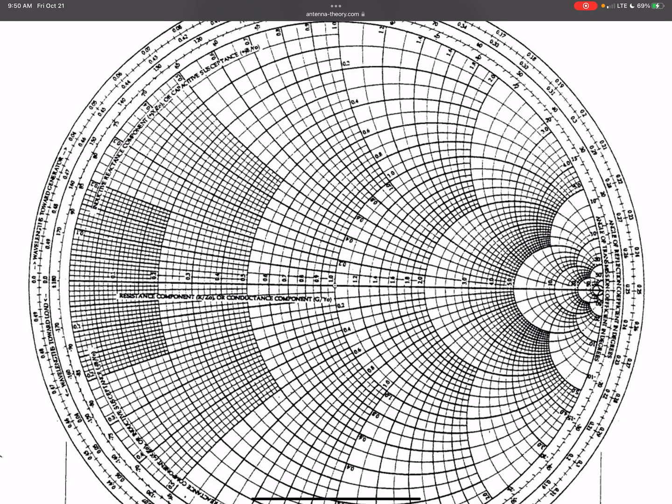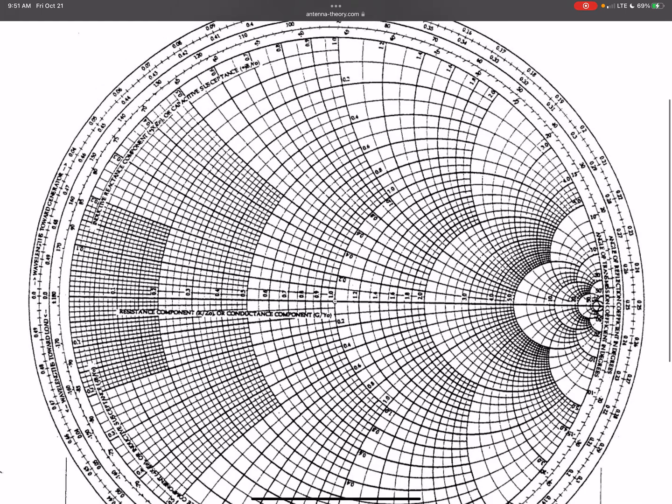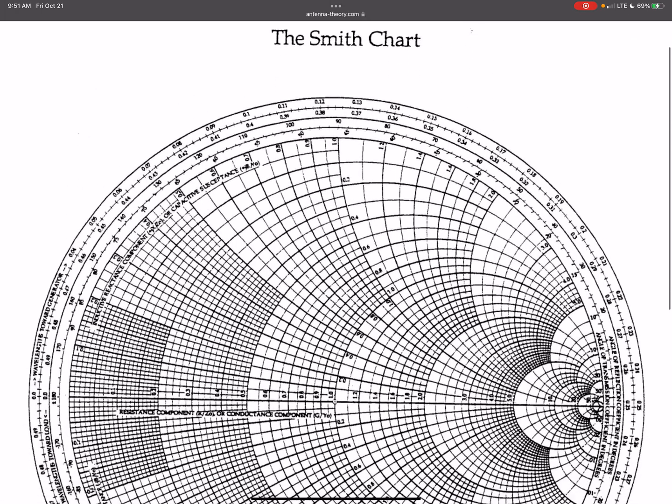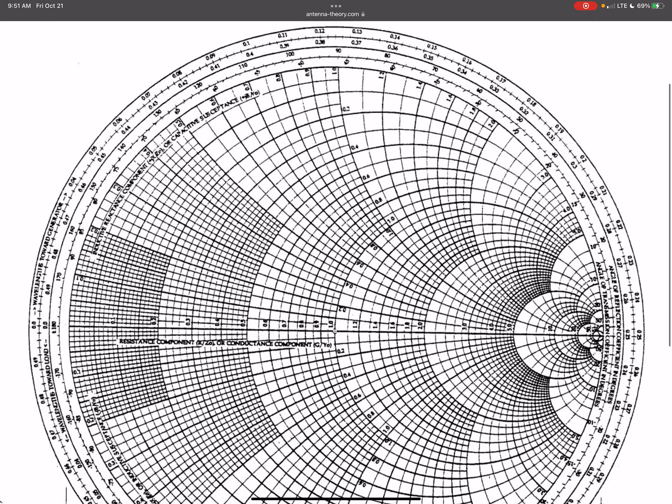You wouldn't be drawing the circles like I'm drawing; these are blank pages for doing that. You start writing down these values of impedance and L and seeing how they move around the chart. You can either buy these online or just print them out, which is probably easier.